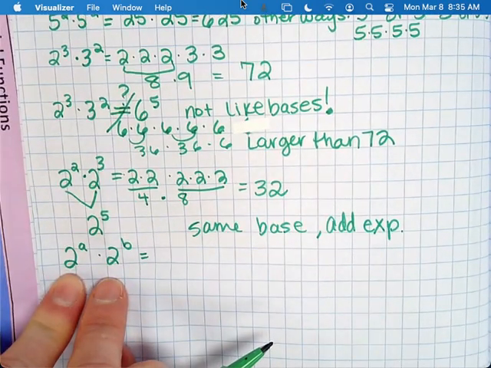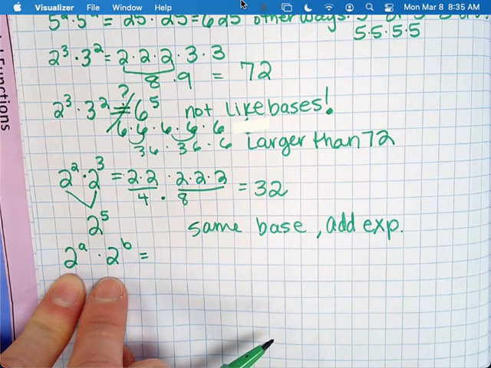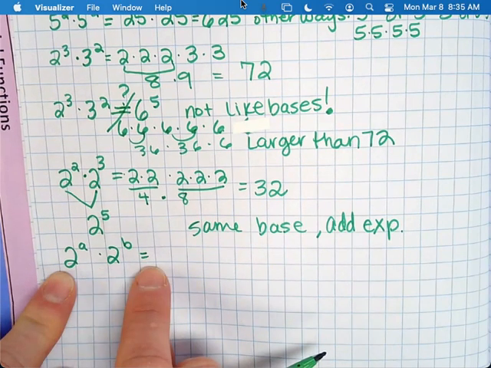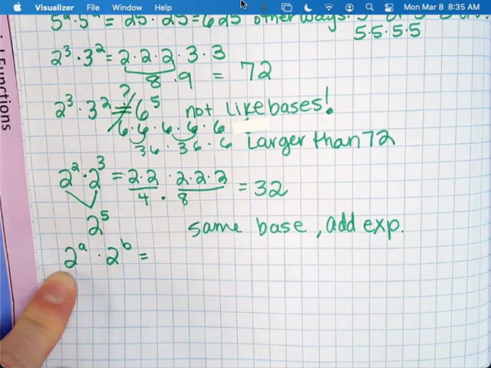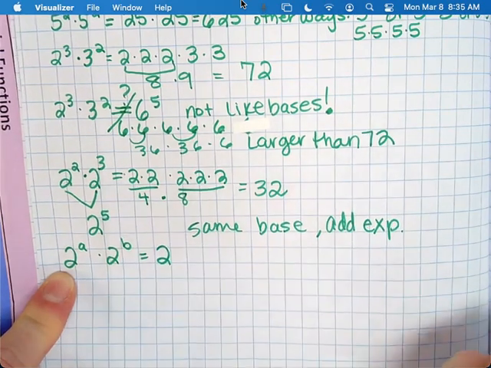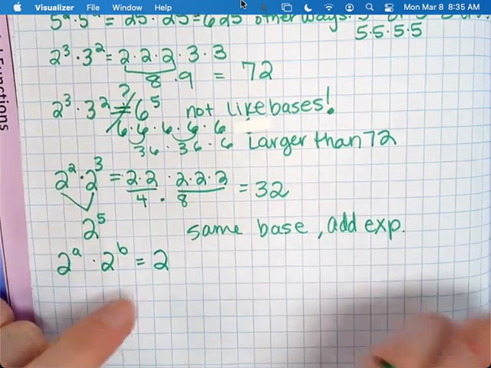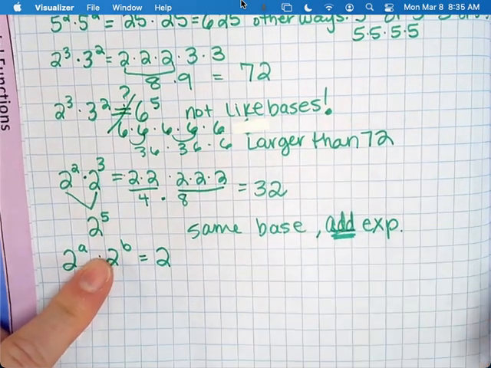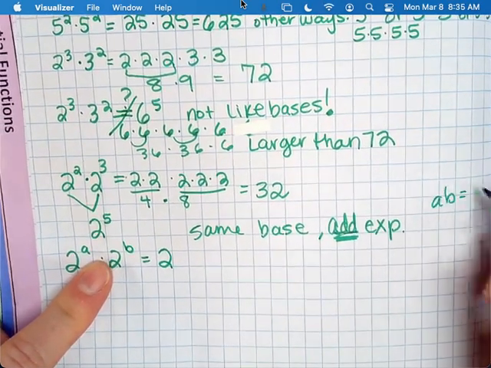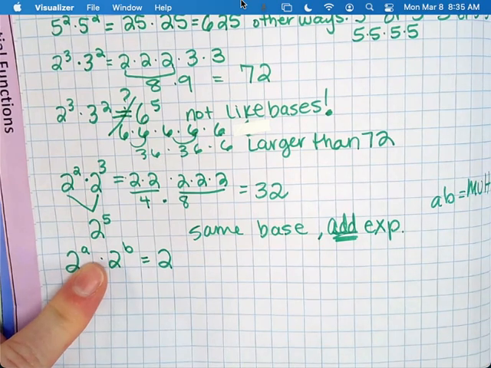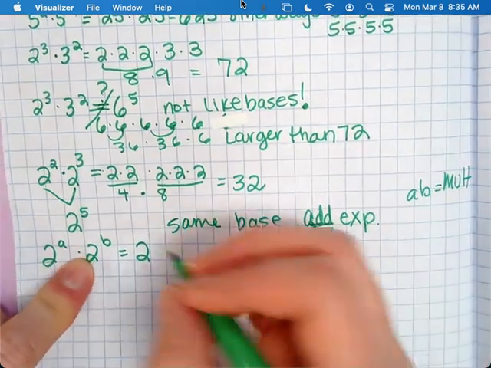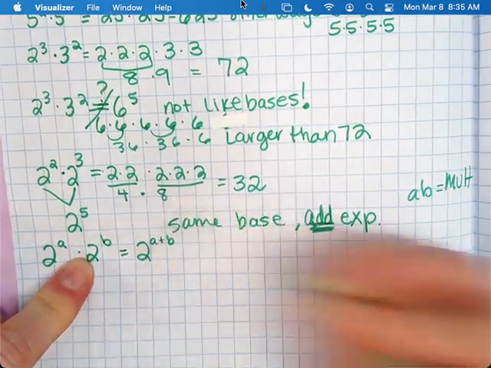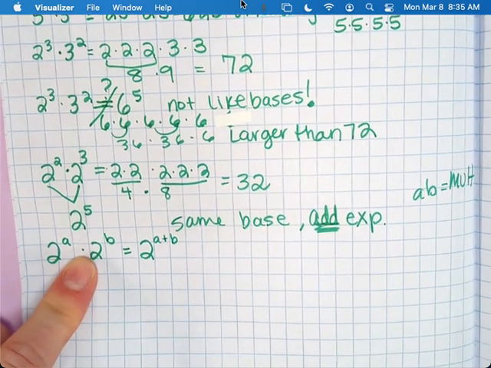So do you want to change your answer? So what would the answer be? 2 to the, what's the exponent? ab? But isn't it supposed to be addition? What does ab mean? Can we just write it as a plus b? Yeah, we can do that.